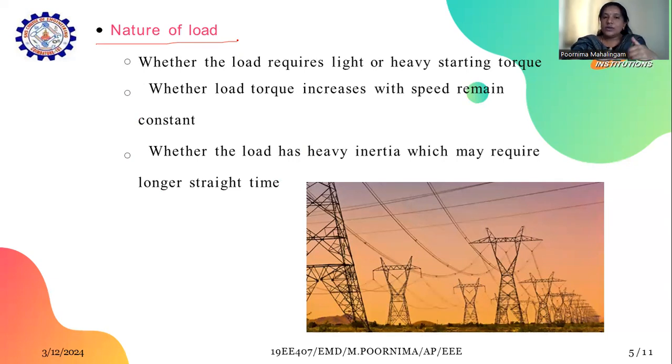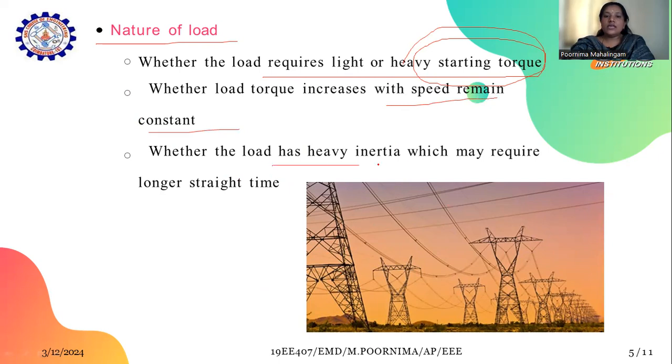First, whether the load requires a light or heavy starting torque. Based on whether the load needs a heavy or light torque, we choose the electric drive. Whether the torque increases with speed, or remains constant. Whether the load has heavy inertia, which may require a long starting time.